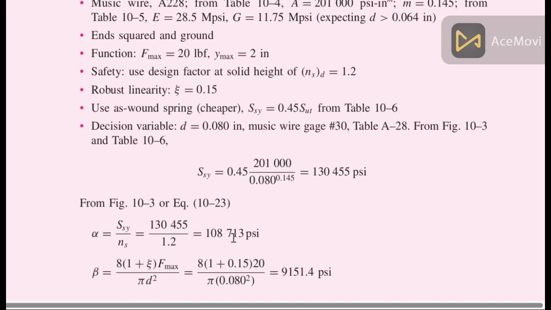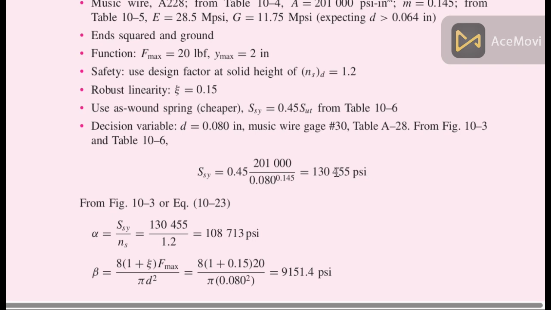Now we will calculate SSY first of all. SSY is equal to 0.45 SUT. We will put in the values: 0.45, and put the value of A, that is basically A by d to the m. So d is 0.080, that we take as assumption, and m is given, that is 0.145.